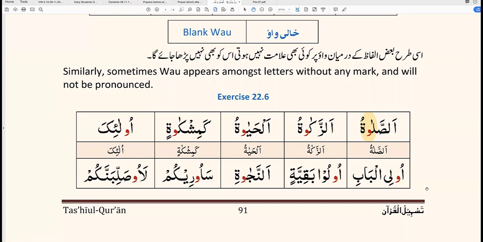Why do you put blank vowels and alif? Okay, so this is a fair enough question to ask. It's all to do with Arabic language and grammar. In any language, there are letters that you don't pronounce. You okay, darling? Yeah, okay.